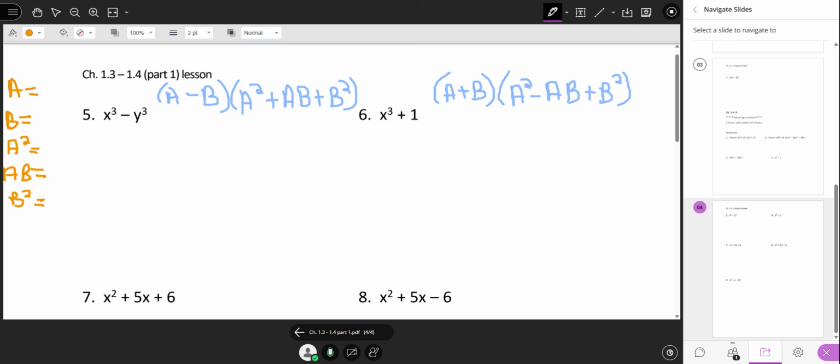Now, a is the cube root of the first term. The first term is x cubed. Well, cube root and cube go choppa choppa, and that's x. So that's the same here.